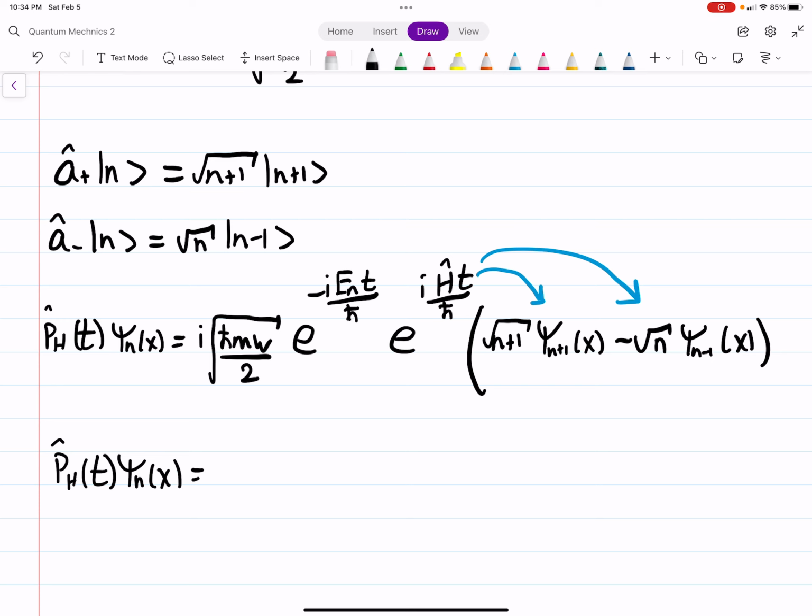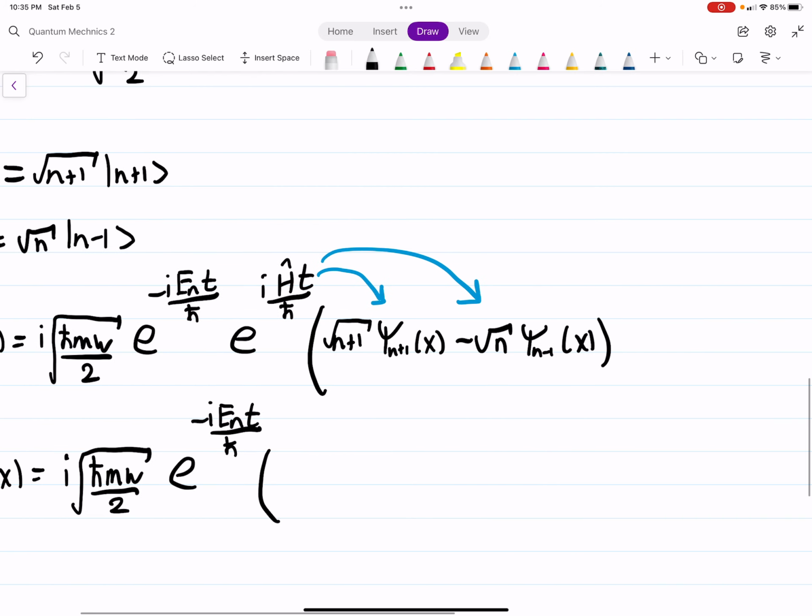Okay, so we still have our constants out front. I would be kind of surprised if I didn't make some silly error somewhere, but we'll see. Okay, so the square root of n plus 1, that's not going anywhere. And again, the Hamiltonian is just going to get us that state, in this case e to the n plus 1 t over h bar, and that same state back.